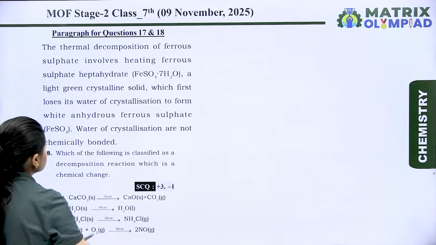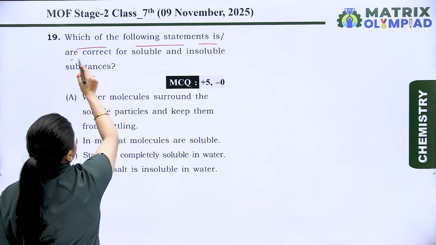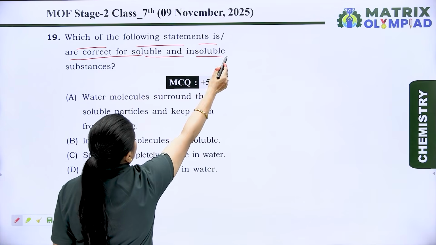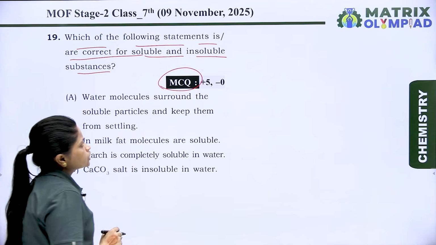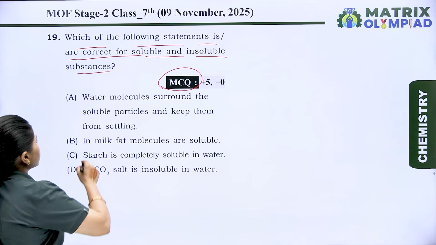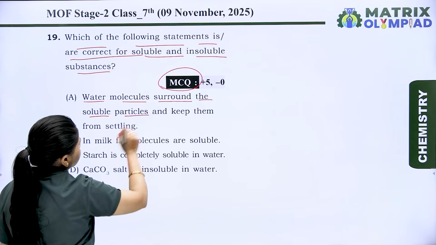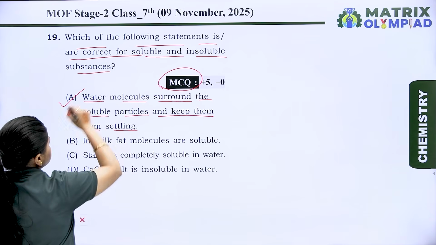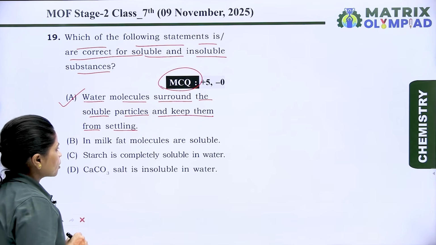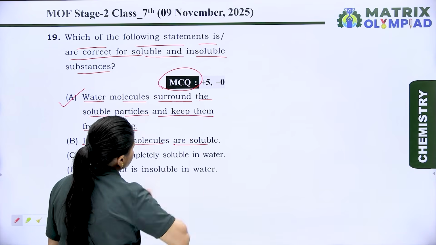Now the next is, which of the following statements are correct for soluble and insoluble substances? And the question is MCQ type. So A, water molecules surround the soluble particles and keep them from settling. Yes, this is true. This is a correct option. In milk, fat molecules are soluble.